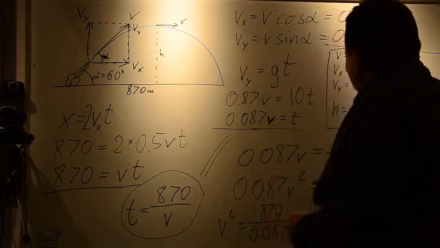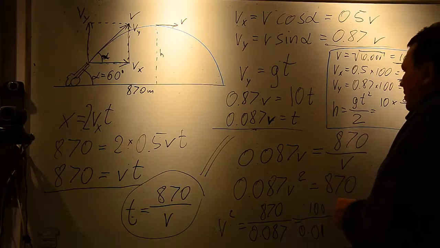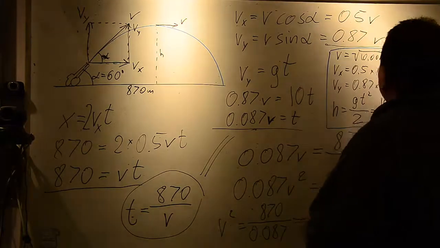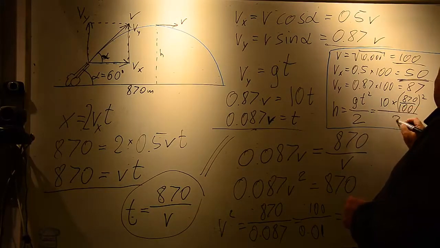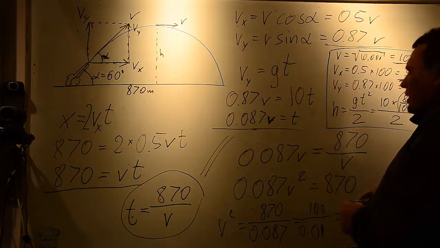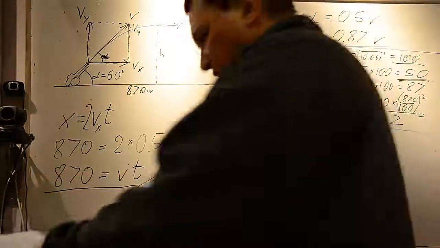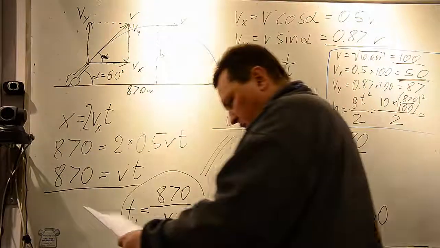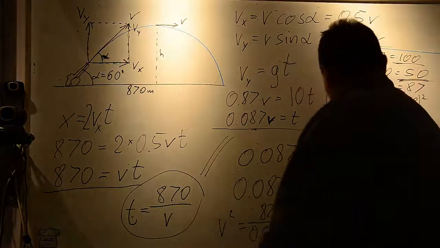T is 870 over v. V is 100. And this is squared divided by 2. And I will use my pre-calculated value of the height.